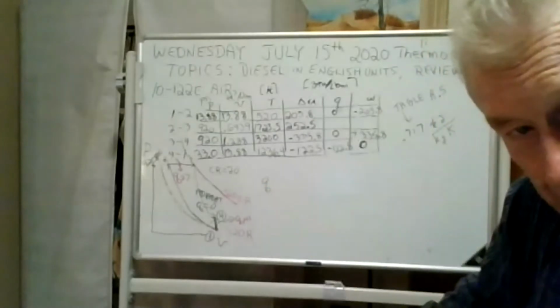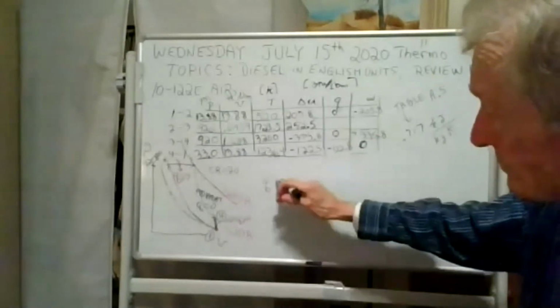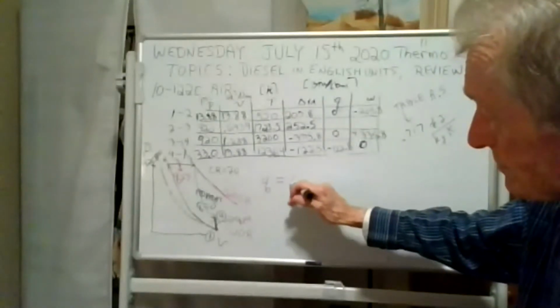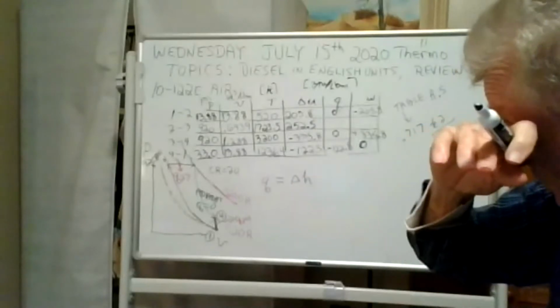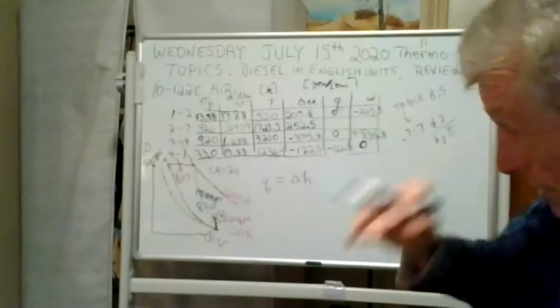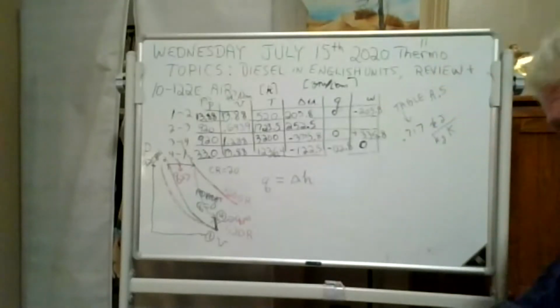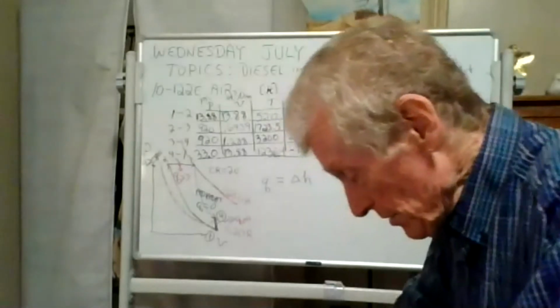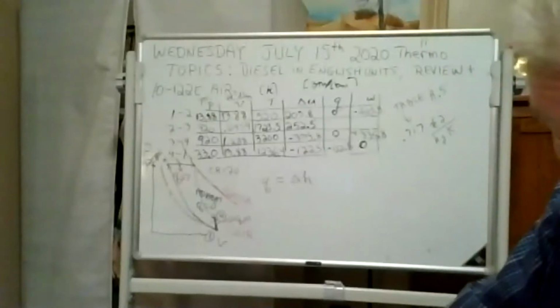In fact, I derived this formula during our class. And the heat transfer per mass is equal to the change in specific enthalpy. But there's a catch. This only works for a particular kind of process.